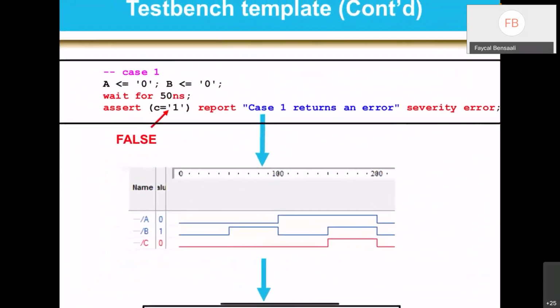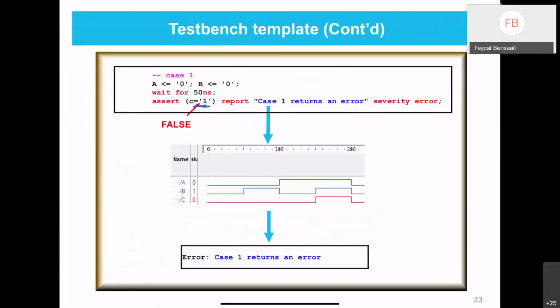I just went to my test bench and I just put 1 instead of 0, which is wrong, right? For the first case, 0, 0, I should get C equal 0, and I should write C equal 0 here. But let's say that by mistake I put C equal 1. And then I ran the simulation. And this is what I got.